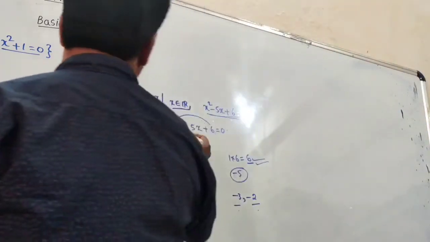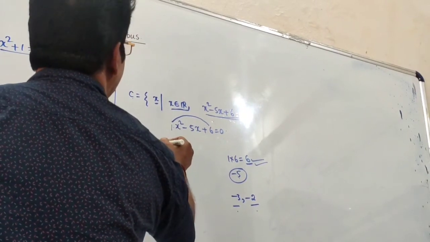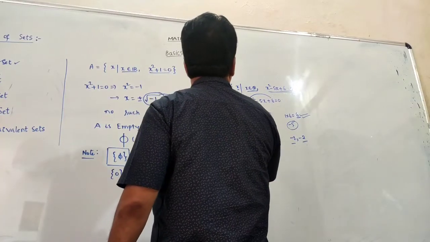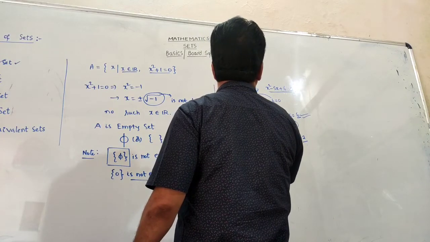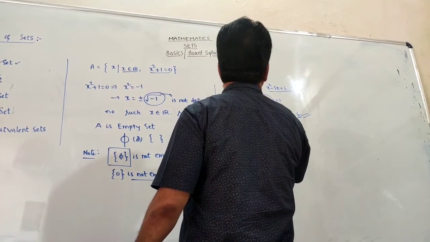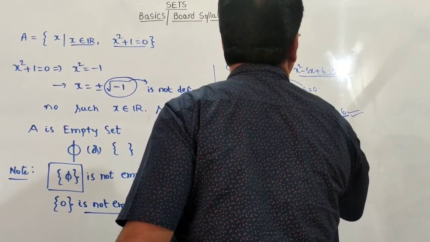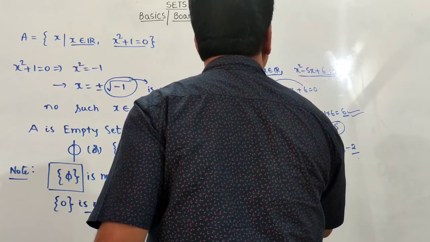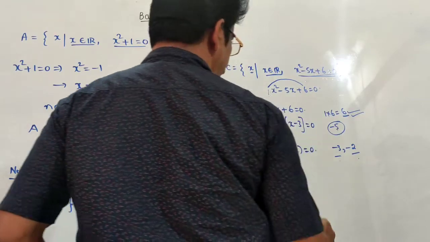So it can be split as x square minus 3x minus 2x plus 6 equal to 0, which implies x into x minus 3 minus 2 into x minus 3 equal to 0. So that implies x minus 3 into x minus 2 equal to 0.